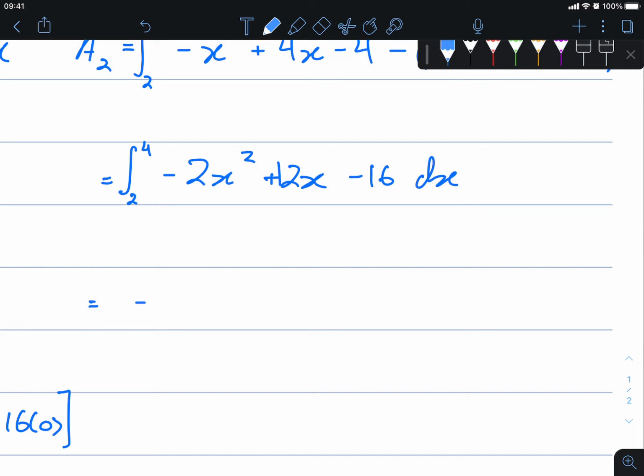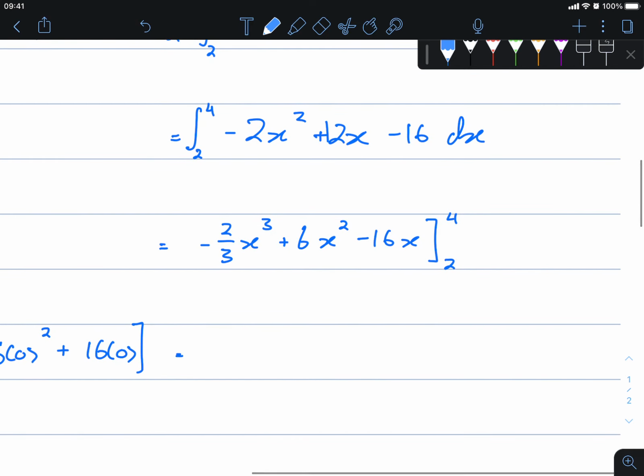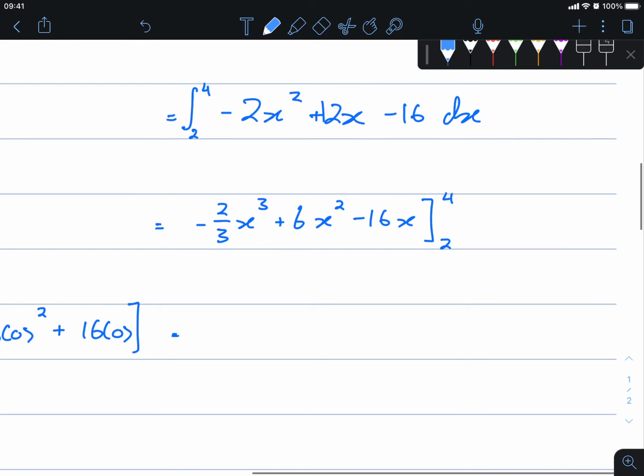We get negative 2 over 3x cubed, because raising the power by 1, dividing by the new power, plus raise the power by 1, divide by the new power. That's 12 divided by 2, which is just going to be 6, minus 16x from 2 till 4. As a matter of space, I'm not going to write the whole thing.